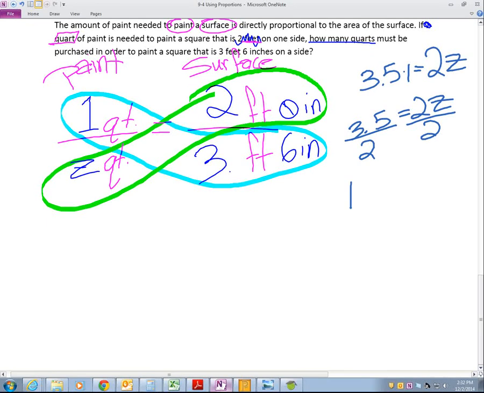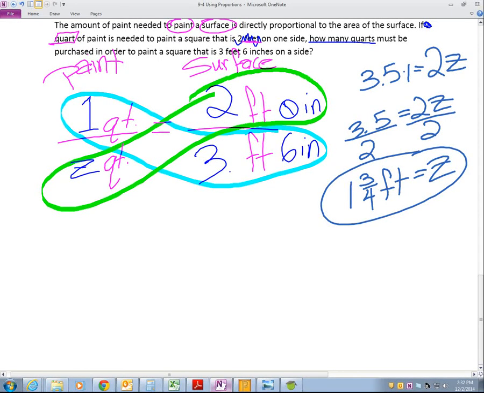So we have 1 3/4 feet equals Z. One 3/4 feet equals Z. So that's how much will be covered in 1 quart. So 1 quart covers 1 3/4 feet.